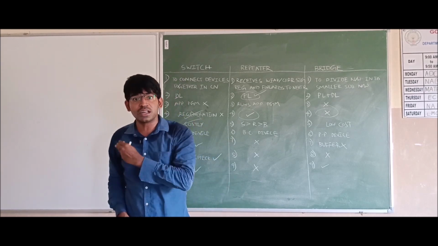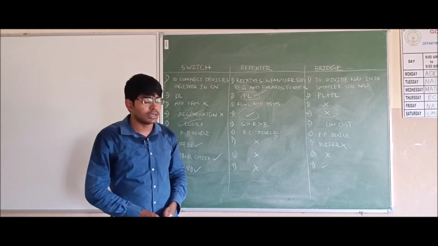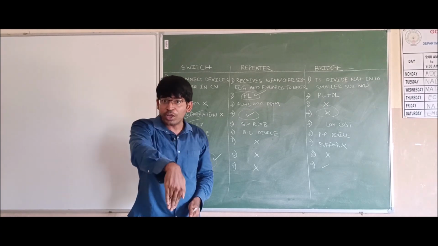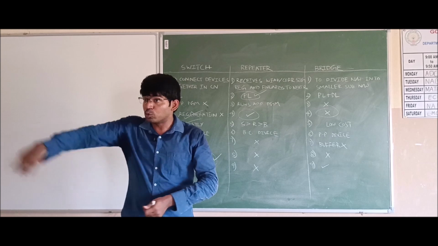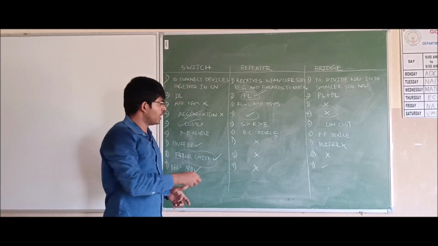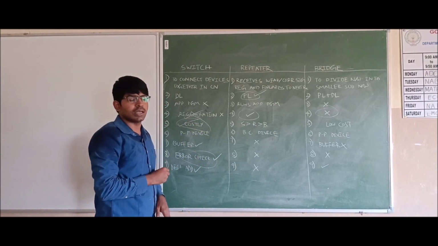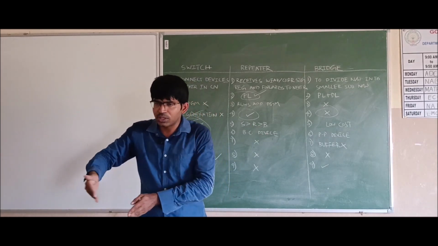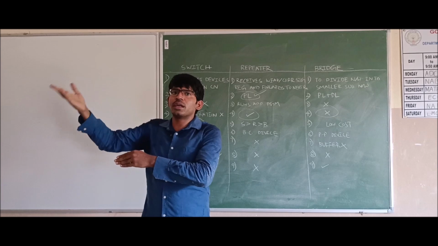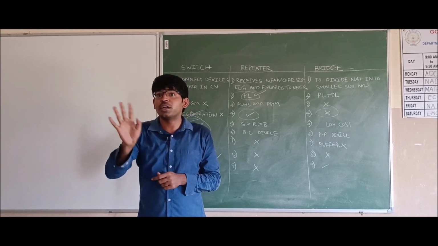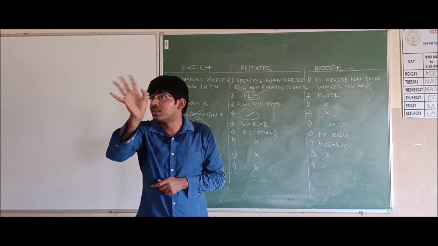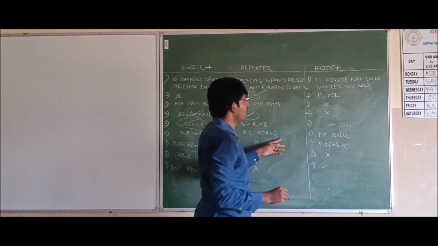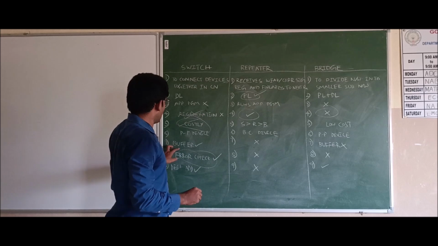If an error is there, discard those frames. Error checking is done, and only the frames without errors can be forwarded. That's why it is costly. But in the repeater, whether an error is there or not, it will regenerate the signal, but it will not discard. Nothing like that is done here.